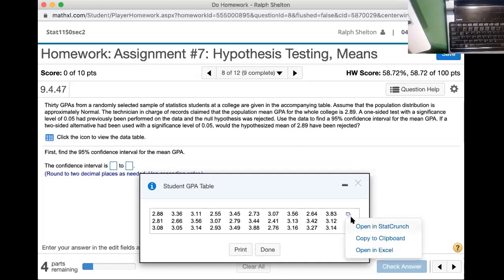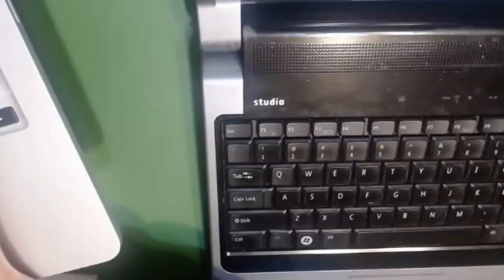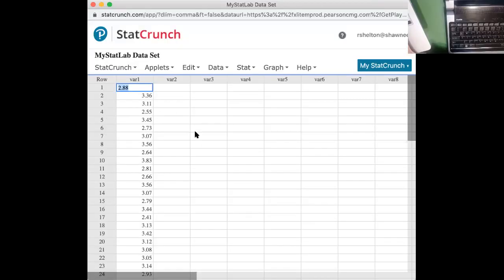I'll open data in StatCrunch. All right, and now I want to reshare the StatCrunch. Here it is. There's the data in StatCrunch.